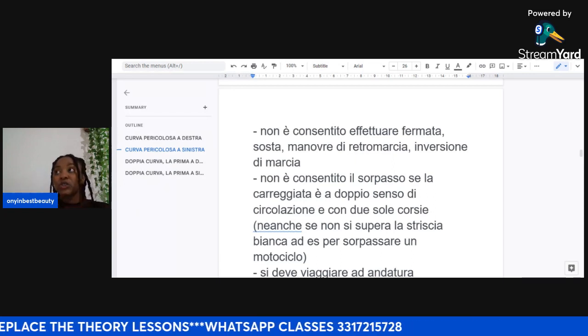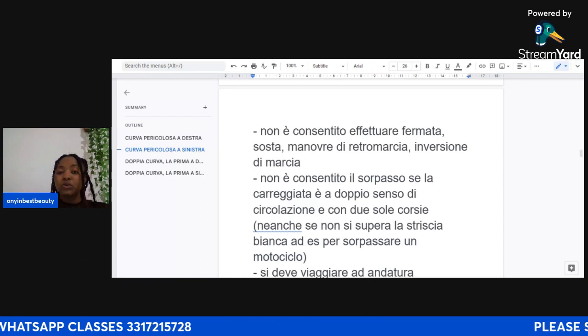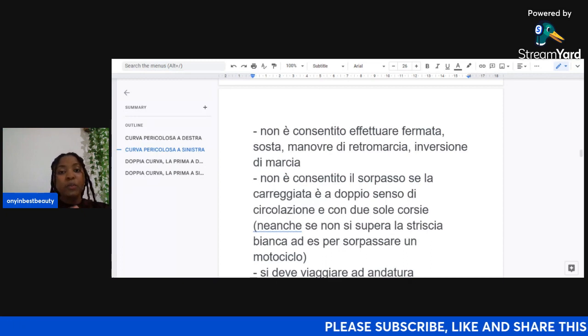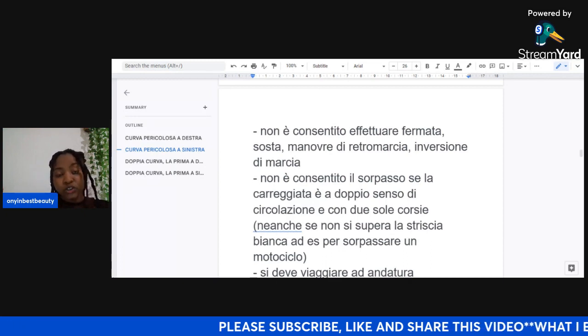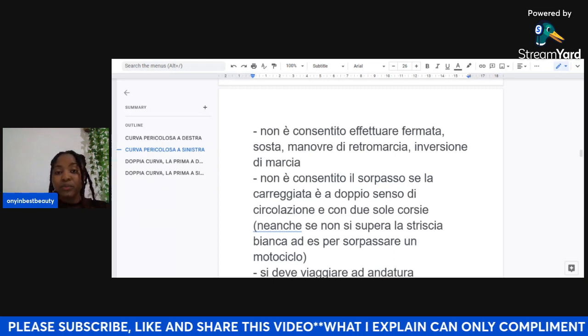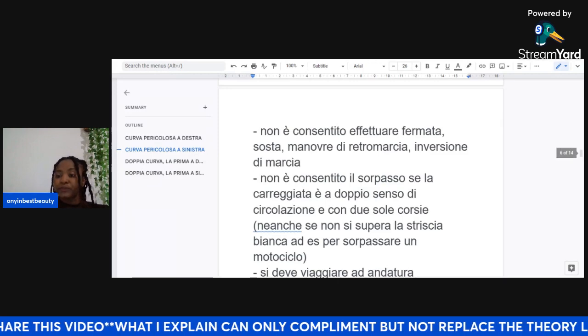When you find yourself in a carriageway with only 2 lanes, and you meet yourself in a curva, you cannot do sorpasso. Even if you will not pass the striscia bianca, that white line that separates you from the other people, even if you will not pass it, for example, you want to overtake a motorcycle or a bicycle, no, you don't do that at all.